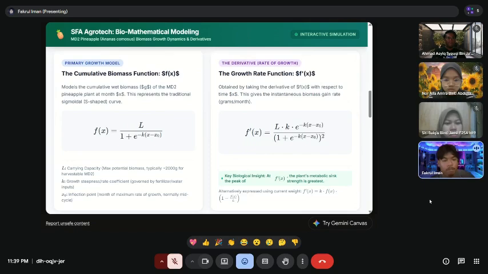But the real magic happens when we take the first derivative, f'(x). In biology, the first derivative represents the instantaneous growth rate, how many grams of biomass the plant is putting on per month. This mathematical curve shows us exactly when the plant's growth engine is accelerating fastest.